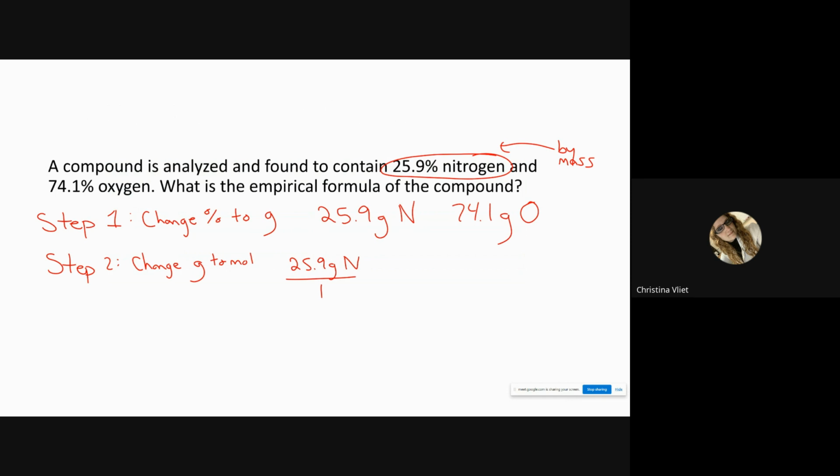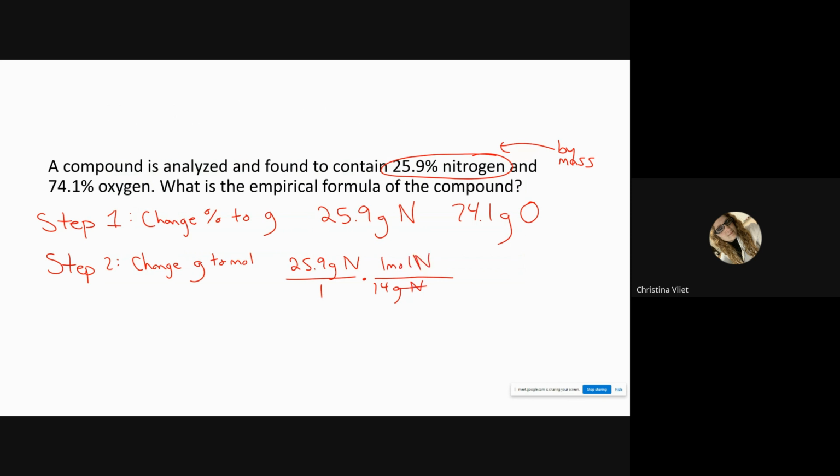We go back to this, right? 1 mole is the number of grams. You are going to have to memorize this relationship. I'm going to take this off on the day of the test, but I have it up here as we're learning. 1 mole equals the number of grams, which is the molar mass or the atomic mass of that element. So what's the atomic mass of nitrogen? It's 14. So we put 14 grams of nitrogen on the bottom, because that's the molar mass, and the 1 mole on the top.